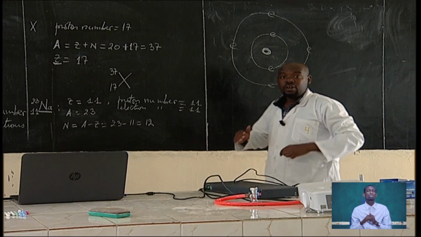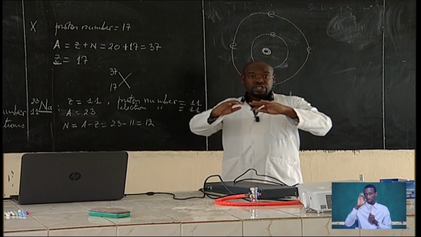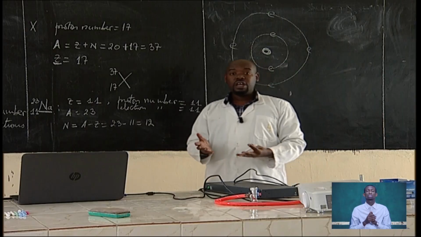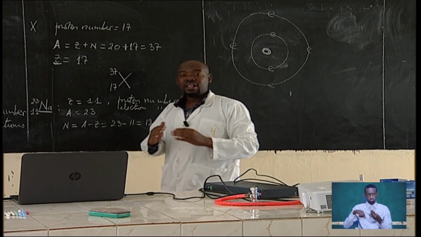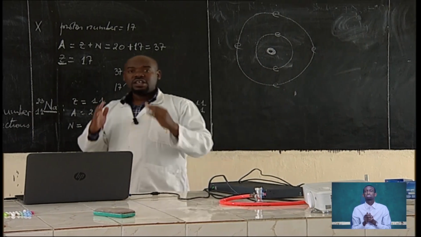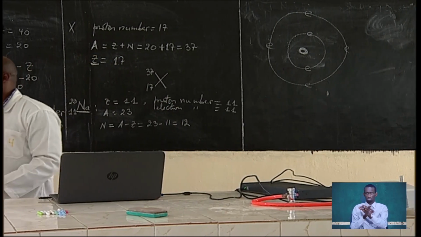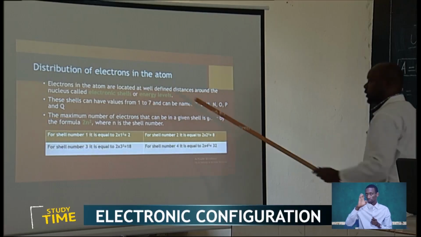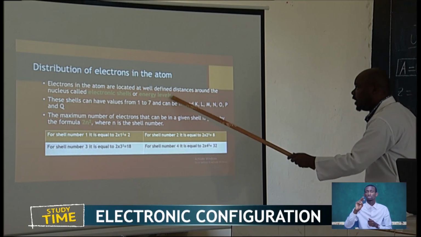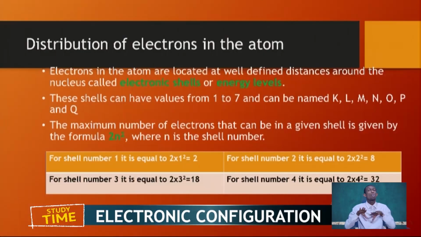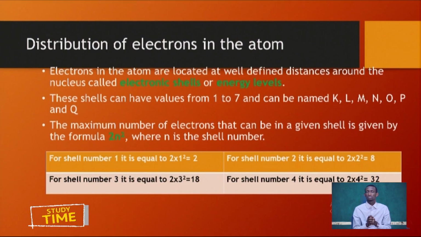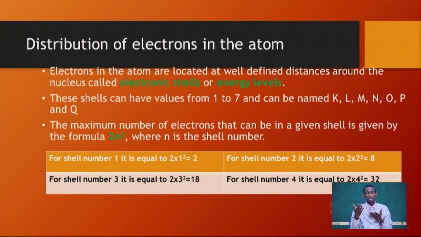So we have electrons which are moving around the nucleus, but at different distances from the nucleus. And we call those distances electronic shells or energy levels. Why are they called energy levels? You will get a deep understanding of why they are so called when you will be in Senior 4.